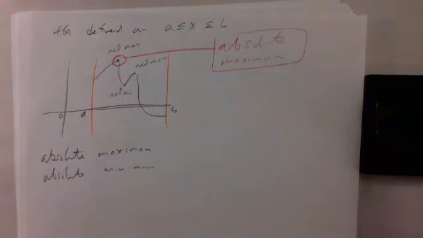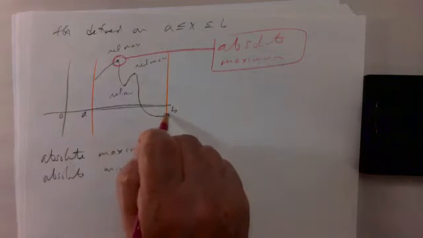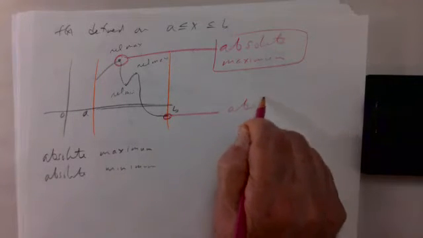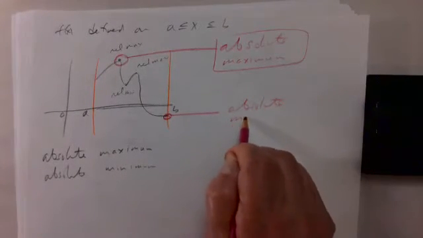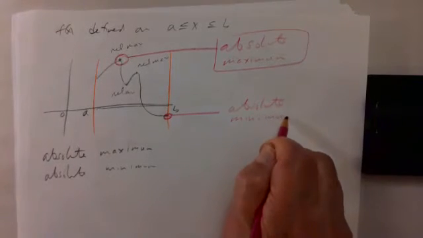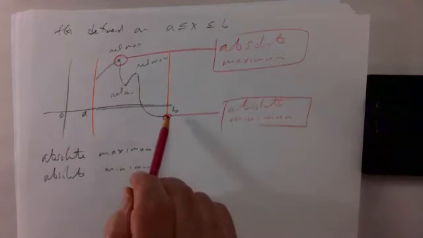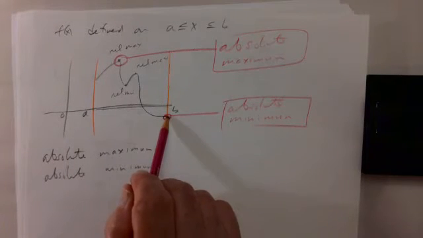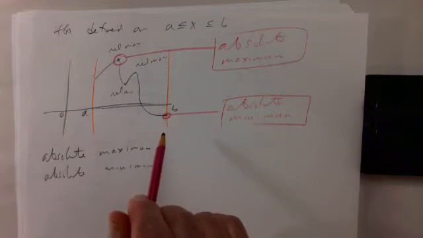This one's the absolute maximum. And what is the smallest the function ever gets on this interval? Well, right down here. This point is the absolute minimum, because at this point it has the smallest value of any point in the interval.